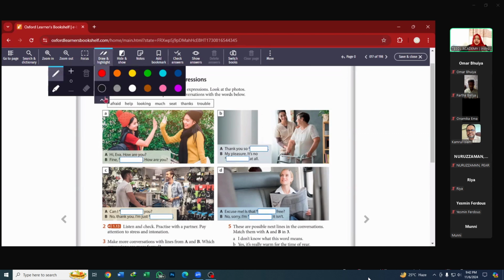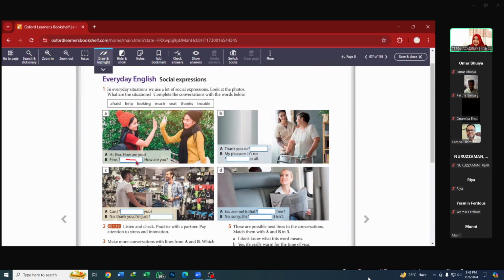So what we have to do here is we have to fill in these blanks with the appropriate words, taking it from the box words, words that are given in the box. We have to take the appropriate word from the box and we have to fill in the blanks that are there in each of the conversation.